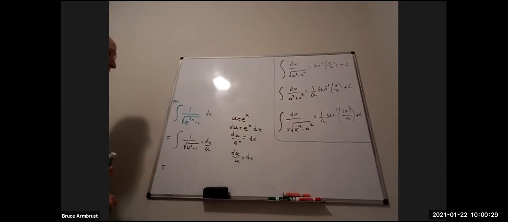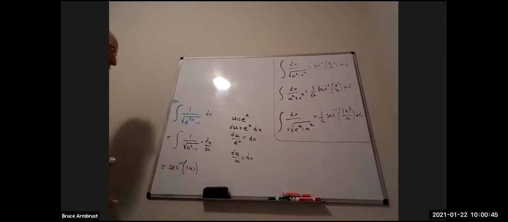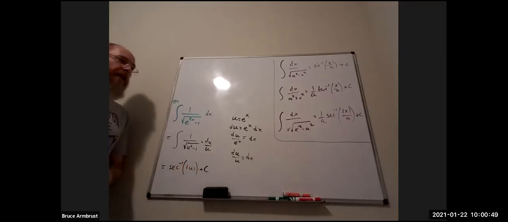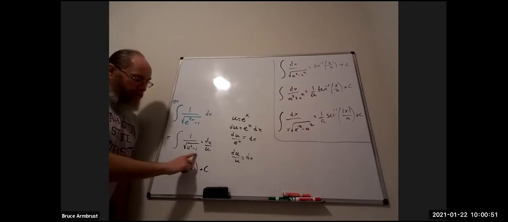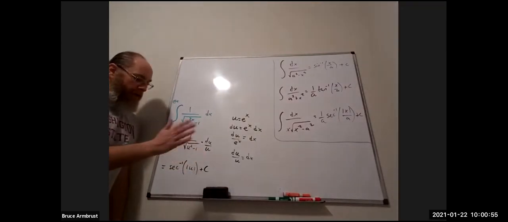So this guy is going to end up being inverse secant of the absolute value of u plus c. Right? In this case, a is equal to 1. 1 squared is 1. All right, so a is equal to 1. So all the a's just go away.